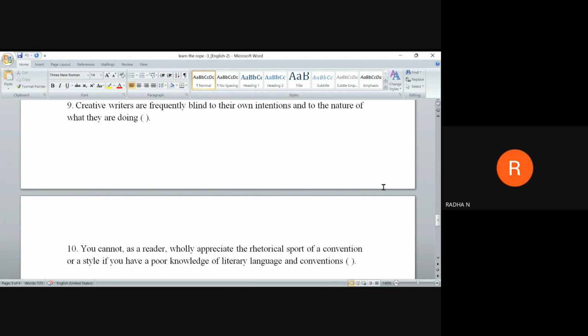Like from their own intention and to the nature of what they are doing. Creative writers are frequently blind to their own intentions and to the nature of what they are doing.